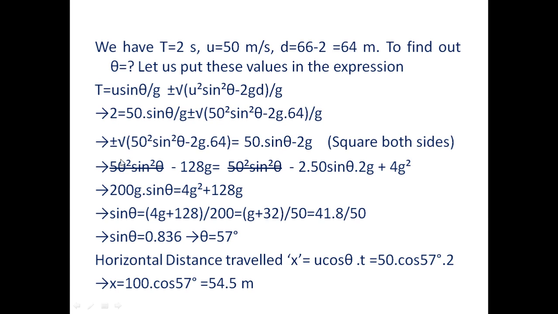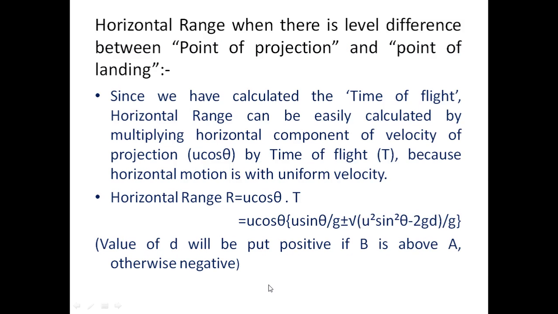We arrange it and square both sides and get the value of sin theta equal to 0.836. It gives theta equal to 57 degrees. Horizontal distance travelled x is calculated as u cos theta into t equal to 50 into cos 57 degrees into 2 seconds. It gives x equal to 54.5 meters.